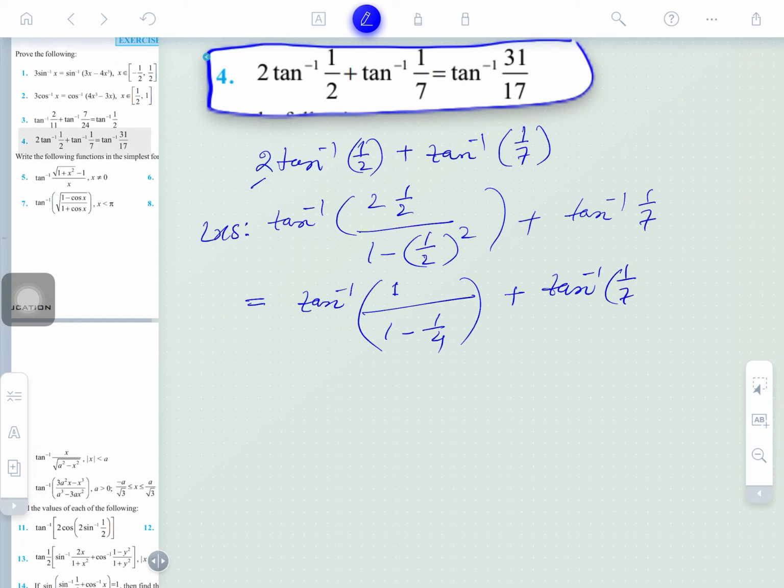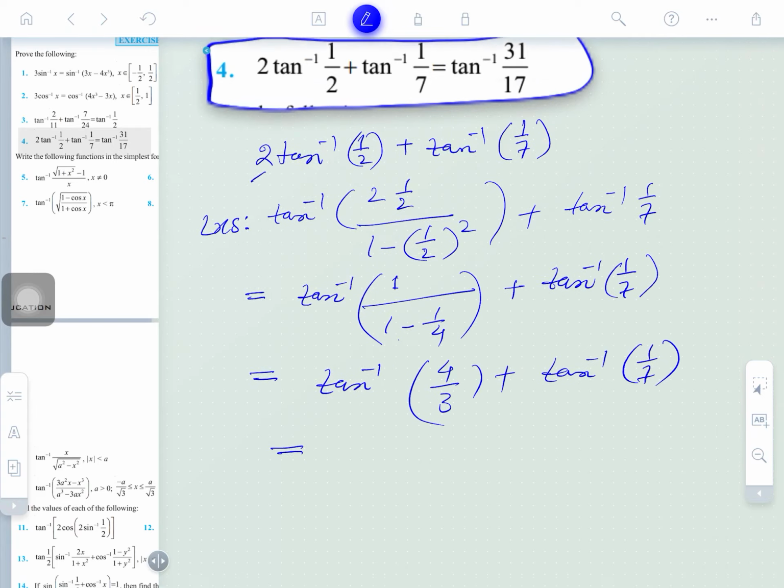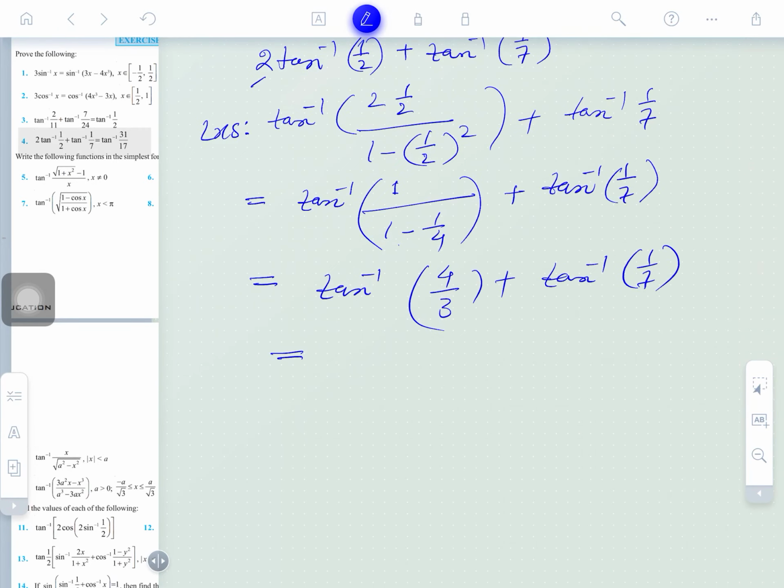Tan inverse 1 by 7. Here, do solve this. Tan inverse of 1 minus 1 by 4 is 3/4, and that will be written as 4 by 3, and 1 by 7. Anyone can solve this. What type of pattern are we obtaining? Tan inverse for different domain. So, what is the identity?